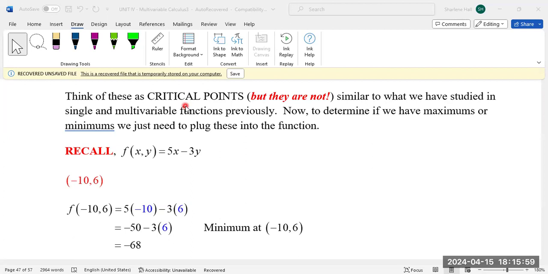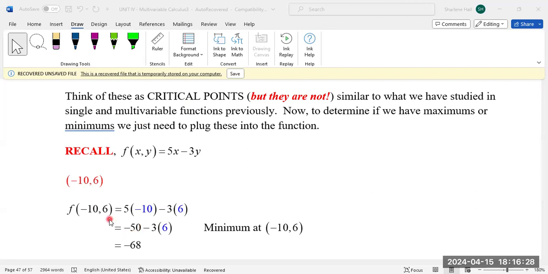And for multivariable functions, if D is negative, you're going to have a saddle point. We know this. If D is equal to 0, the question can't be solved. I hear a deep sigh a while ago. Who is that? All right, nobody.